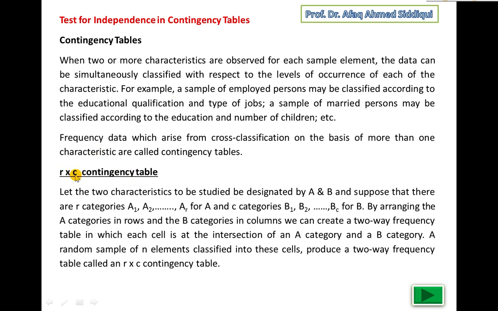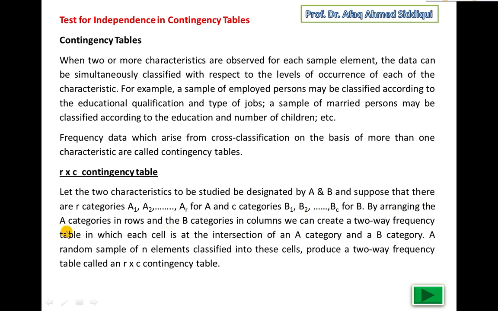So let the two characteristics to be studied be designated by A and B. A is the first and B is the second characteristic, and suppose there are R categories, R meaning rows: A1, A2 up to AR. These are the subgroups of A. And C categories B1, B2 up to BC for B. These are the subgroups of B.